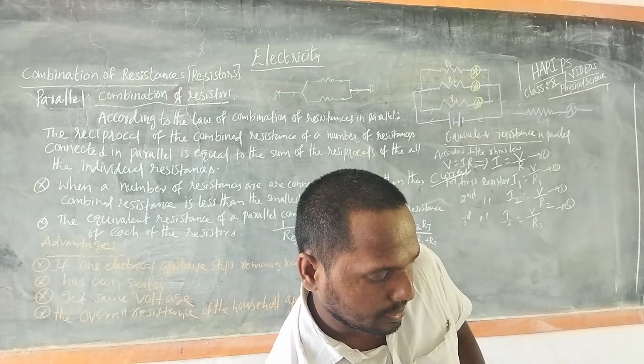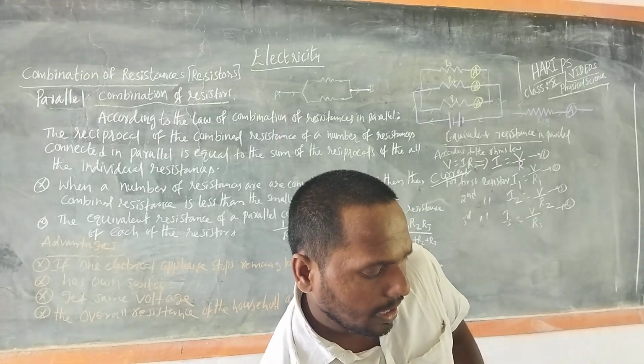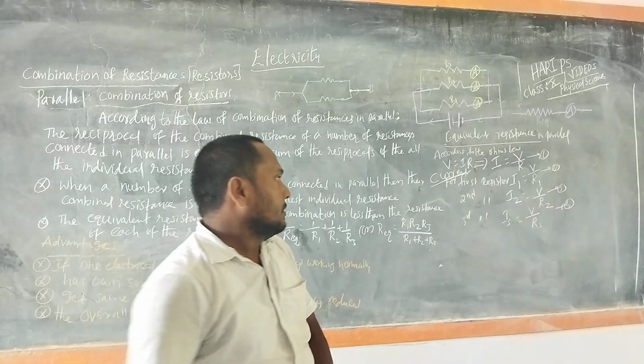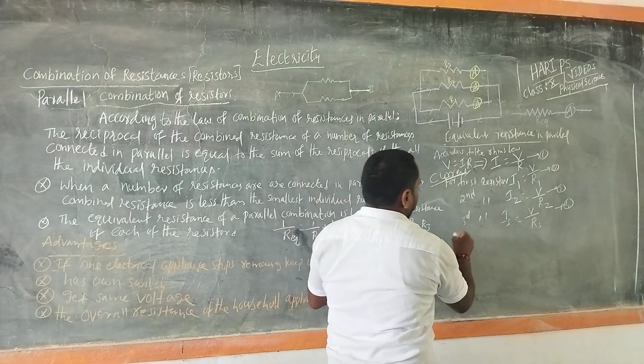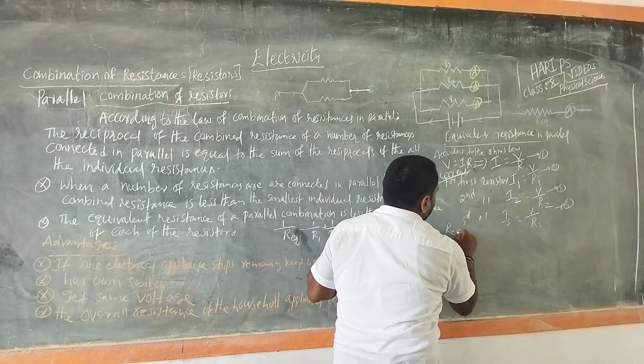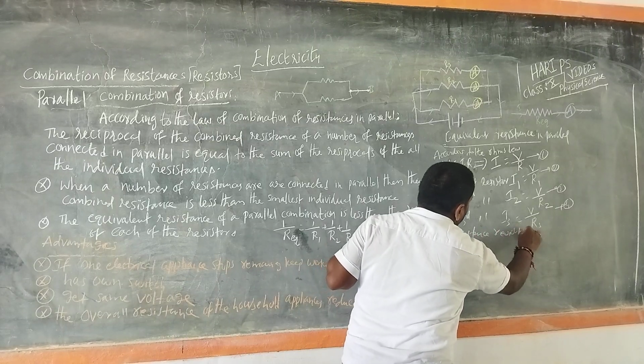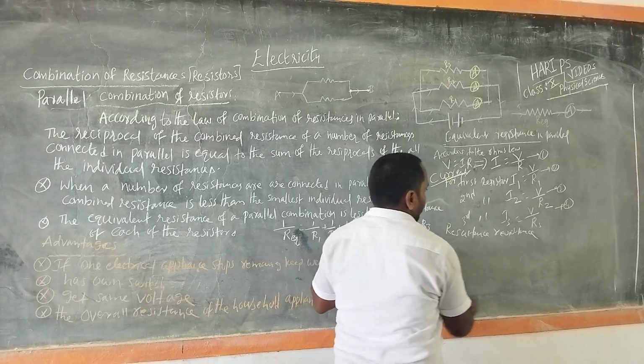Substituting the values of the currents, we find the resultant resistance.